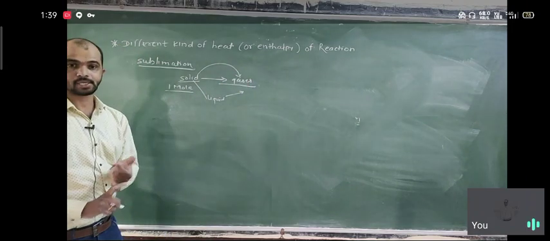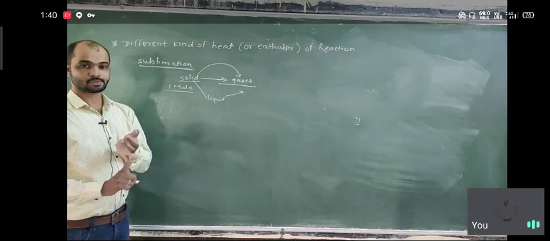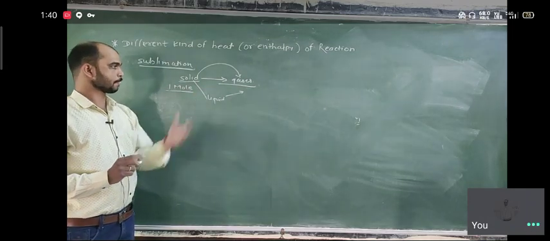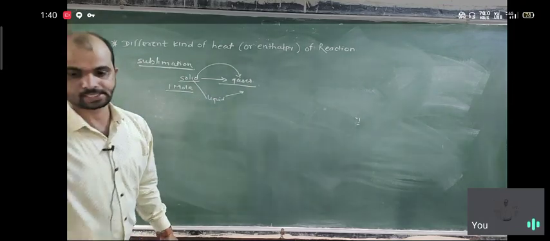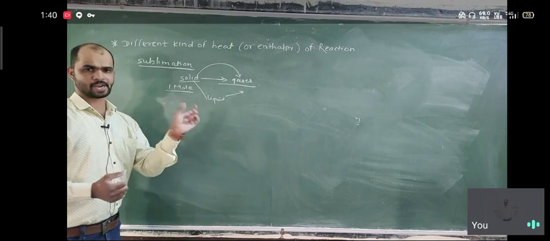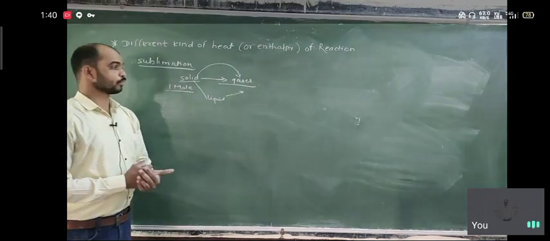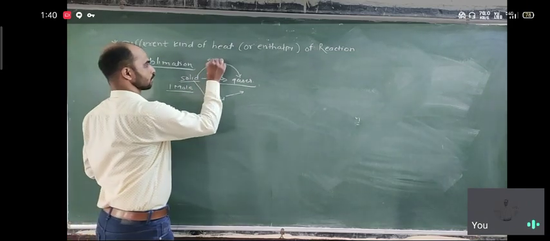For example, naphthalene, for example, camphor. These are substances which directly sublimate from solid into gaseous state. Iodine, you know iodine, when you just shake it, it converts into vapor state. So this is sublimation.